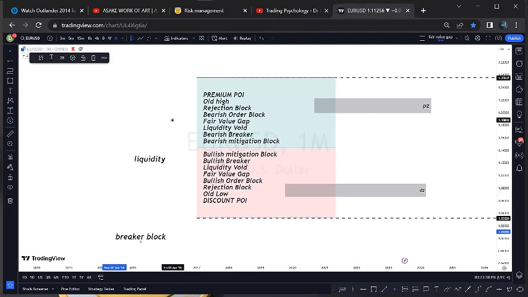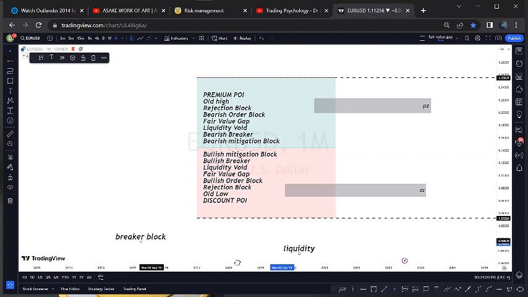So once you have determined your premium and your discount, you now determine your external liquidity, which is your old high and old low. Now, the next thing you are looking out for is your rejection block, bullish order block, fair value gap, all the way down to mitigation block.